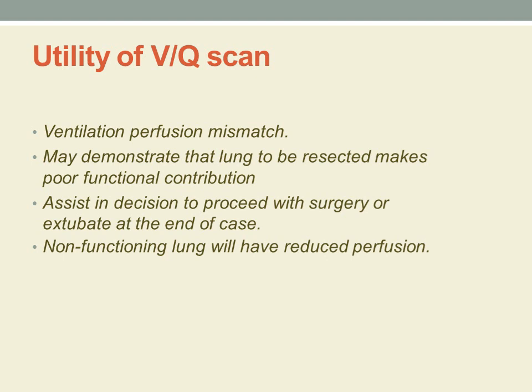So we will know exactly that that lung is contributing 5 or 10%. It's very helpful in the group of patients who are marginal, so it's good to analyze for the intermediate group of patients.